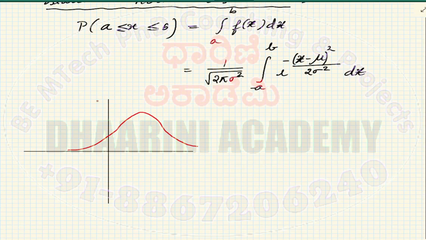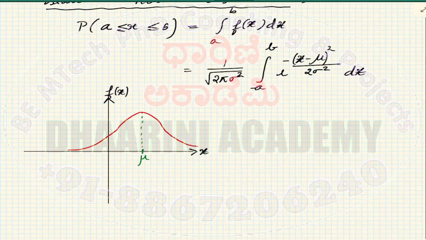In this kind of graph, the variables we see are f of x on the vertical axis and x on the horizontal axis, and we should be able to observe the mean at the center. So this is the mean value. Now you see here I have a function x minus mu, right?